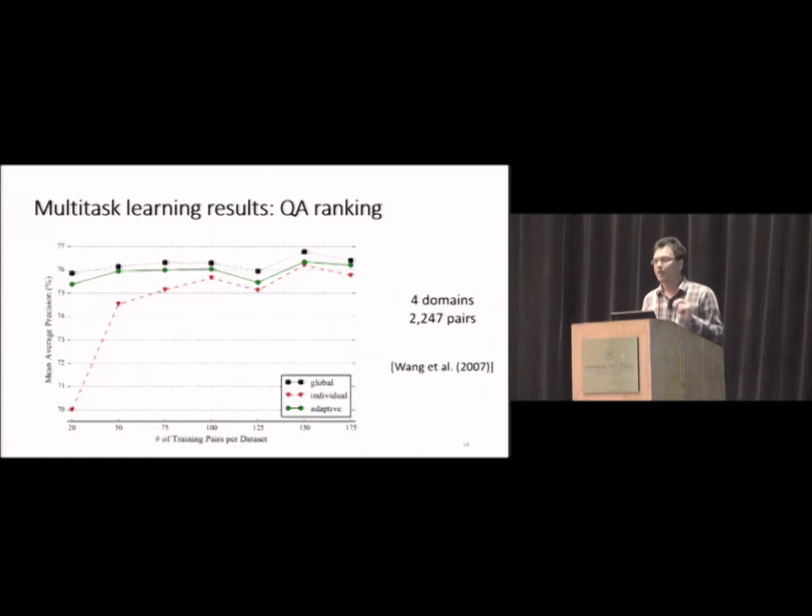Here the global model actually performs better than the in-domain model, and our experiments showed that the reason is that the annotations in the answer sentence ranking task are binary, as I have already mentioned, and the finer-grained short text similarity and grading annotations actually help the model more than the in-domain but coarser-grained answer sentence ranking annotations.